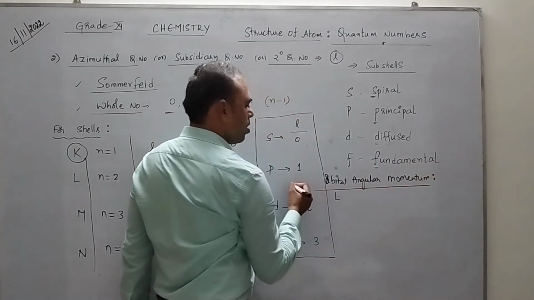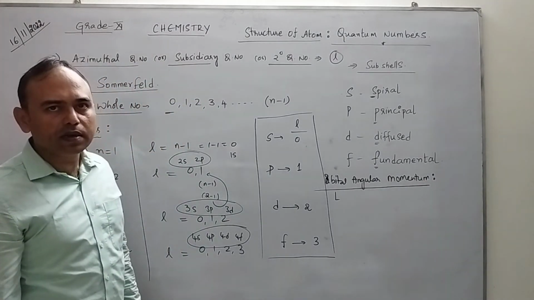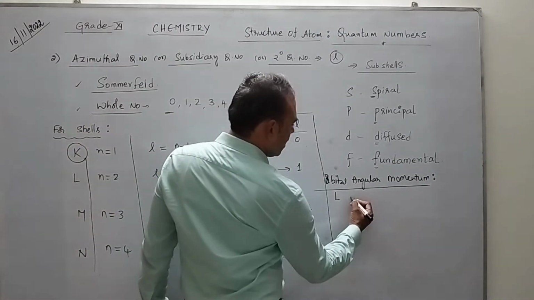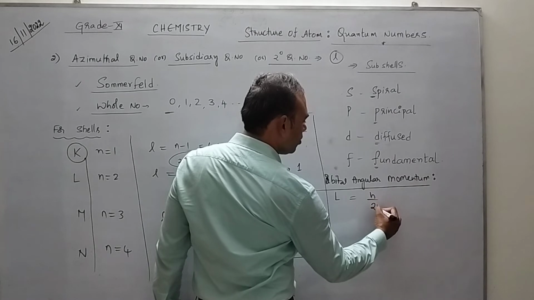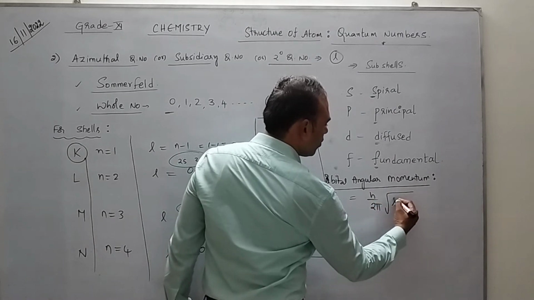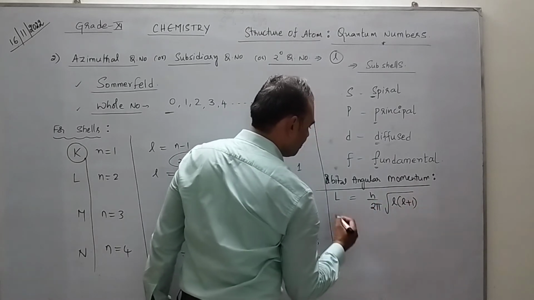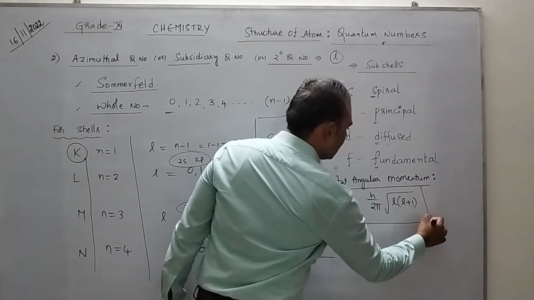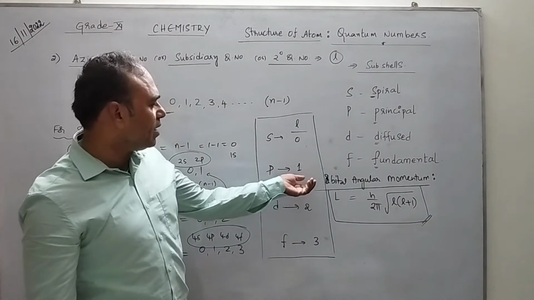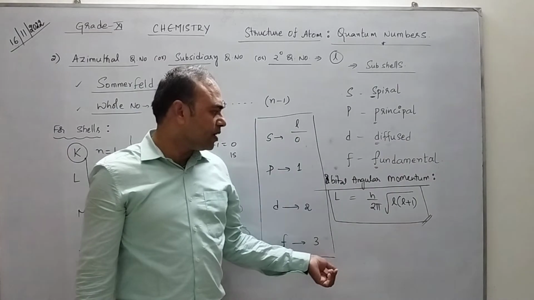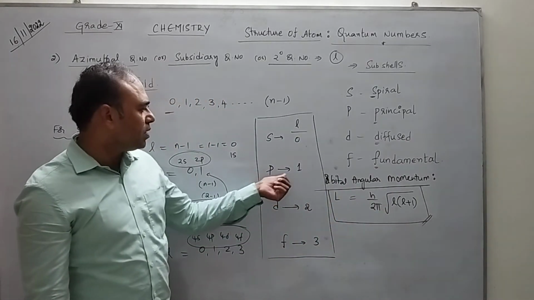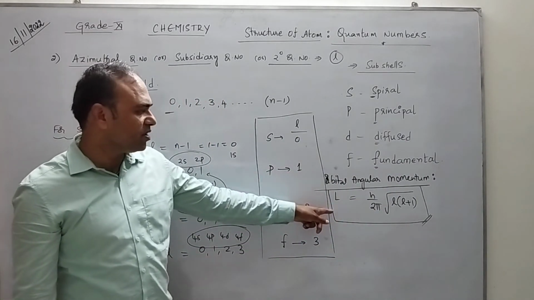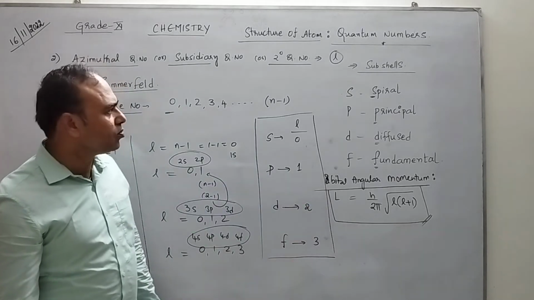When you are calculating this orbital angular momentum, that is L, it is nothing but h by 2 pi into root of L into L plus 1. While calculating the numericals, if they ask you calculate the orbital angular momentum for L value, that is 1, then we use this formula. So hope you are able to understand.